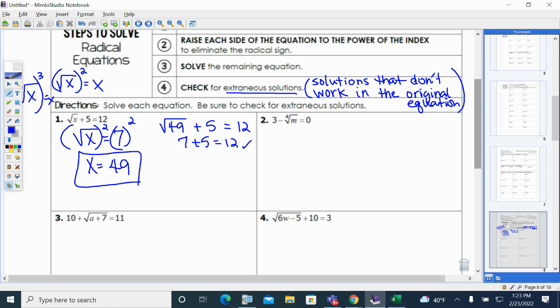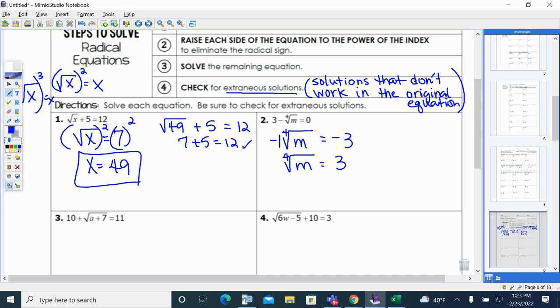Most of you are probably going to subtract the 3, which I'm going to do. 0 minus 3 is negative 3. And then you'll notice that there's still a negative in front of the radical. That's like a negative 1. So we need to divide both sides by that negative 1. That's going to leave me with the fourth root of m. Negative 3 divided by negative 1 is a positive 3.